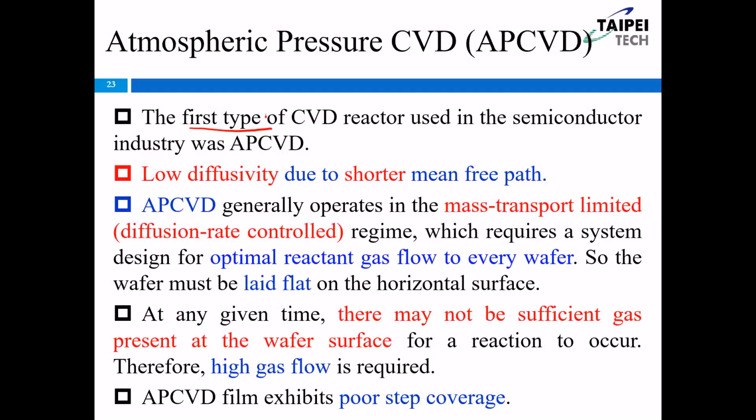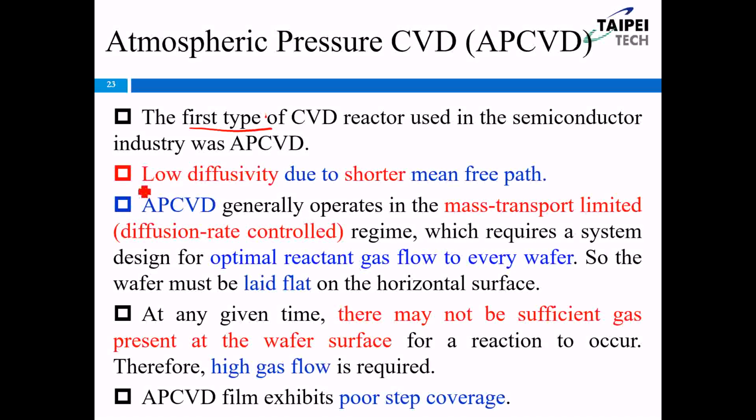However, the main drawback of the APCVD will be the low diffusivity of the precursor, the low diffusivity of the reactant, due to the shorter mean free path. What does that mean?